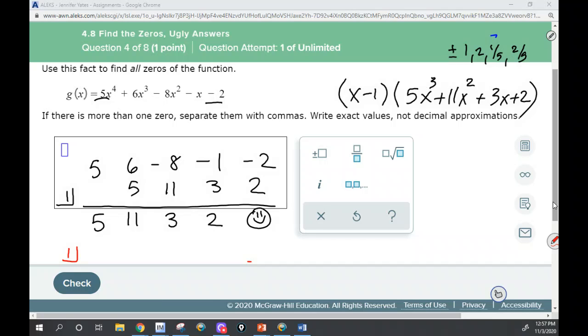Try -1. 5, -5, 6, -6, -3. That didn't work. What was my other nice number? 2? All right, 2. 5, 10, 21. How about we try a -2?